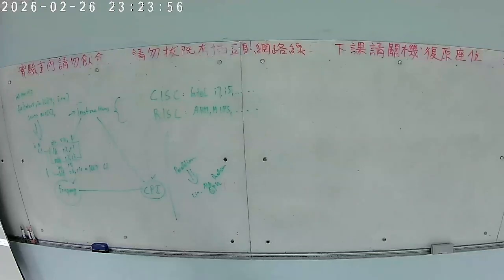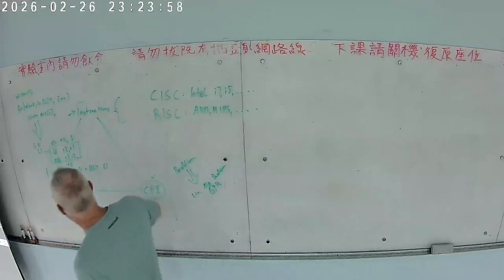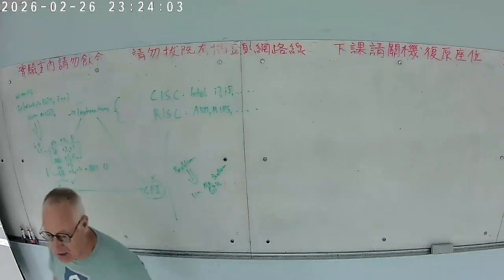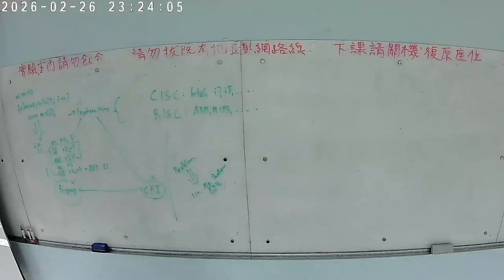So for every loop iteration we execute 4 instructions, but only 2 are actually relevant to what we need to do. So I can rewrite this.